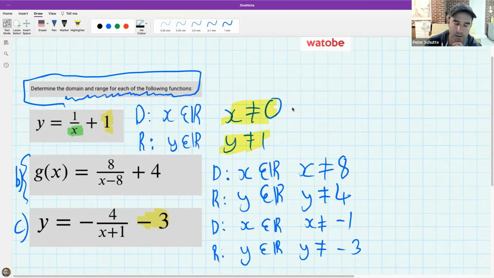x is an element of real numbers and it cannot be x equals 8, and why is it not -8? Okay. The easiest way for you to see this is asymptotes happen when there can be division by 0. So if you look at the x minus 8, if you put 8 into that, would you agree 8 minus 8 is 0? Yes. Now, if I put -8 in there, -8 minus 8 is -16, and that wouldn't cause division by 0.